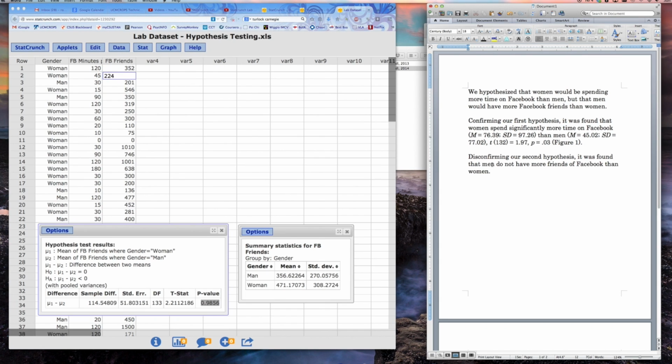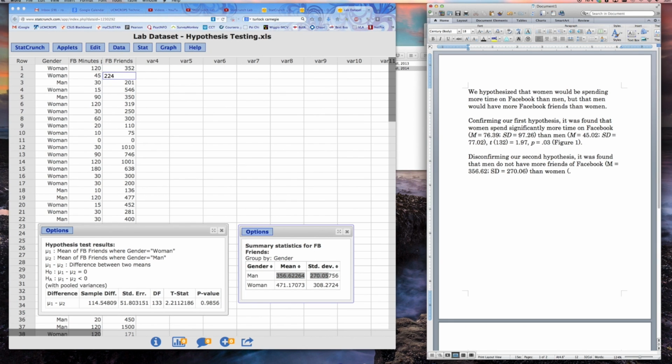So it says it was found that men do not have more friends on Facebook. So we can put in the mean and standard deviation for men here. So the mean number of Facebook friends for men was 356.62. And the standard deviation was 270.06. And I'm just getting that information from right here, the mean and standard deviation of men.